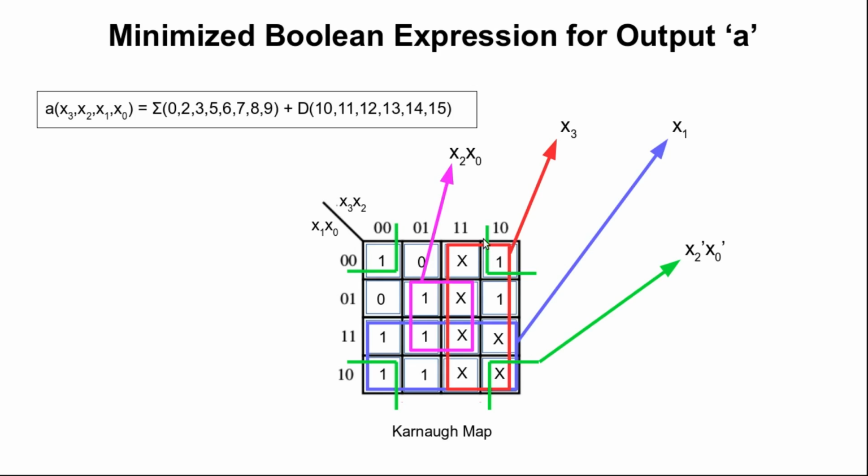So x2 will remain, but since it is 0, it will appear as x2 prime. It's different from here. Here x2's value was 1, so hence it was x2. But here in these two columns, the value of x2 is 0, so it will appear as x2 prime.